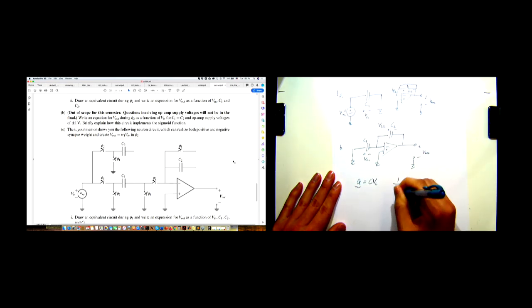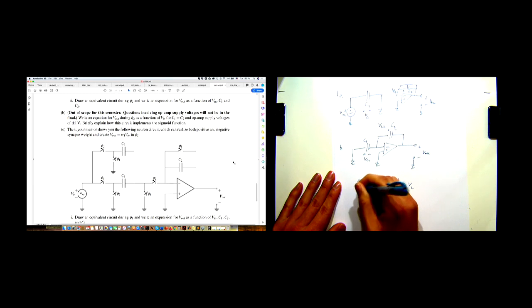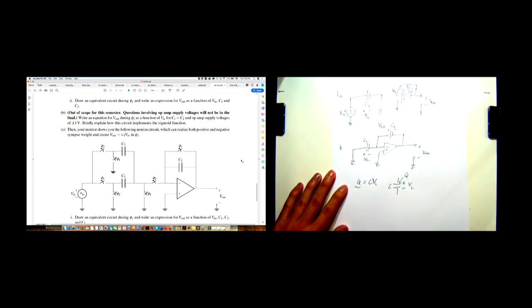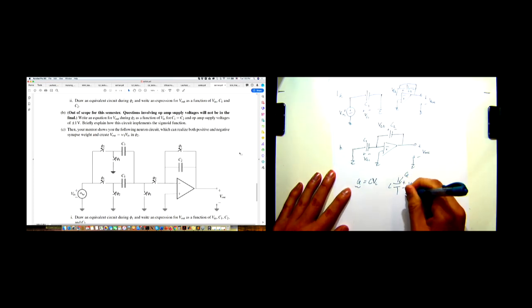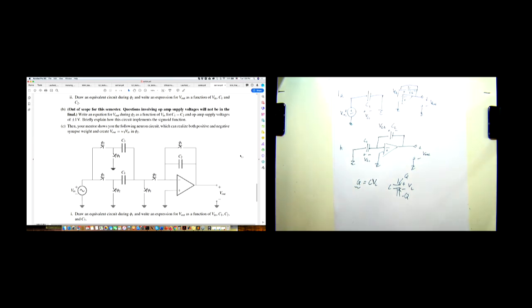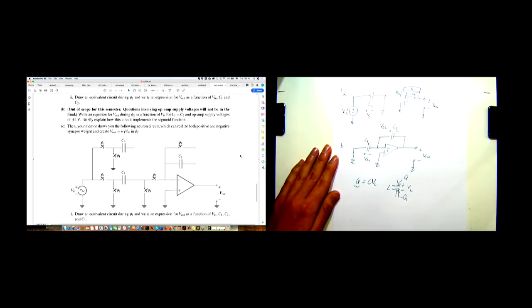If we have a capacitor labeled plus minus like this, this charge is the charge on the positive plate. That's why the charge is positive. Because we're analyzing steady state in this class, the charge on the opposite plate will always be negative Q. That's an important thing to keep track of.